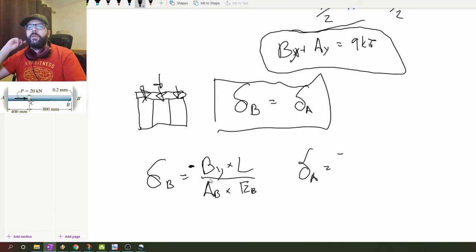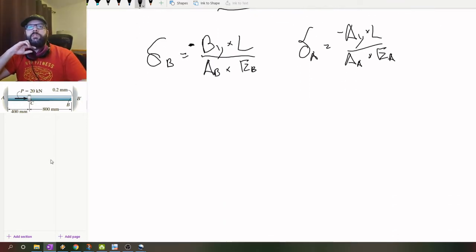So anyways, the displacement of the aluminum is equal to negative Ay times the length divided by the area of the aluminum times the Young's modulus of the aluminum.